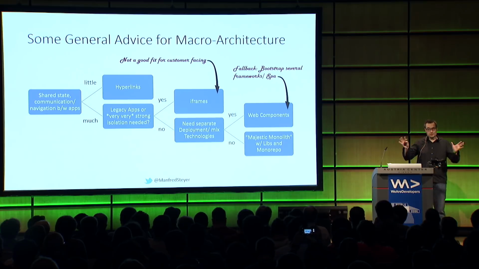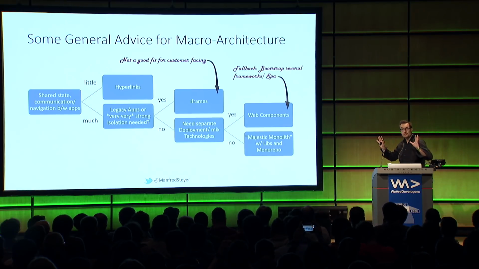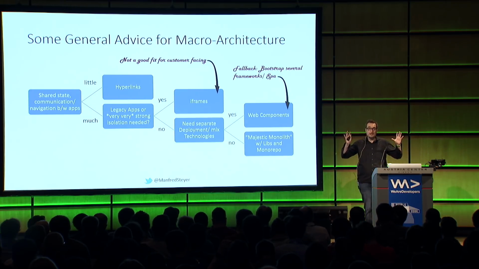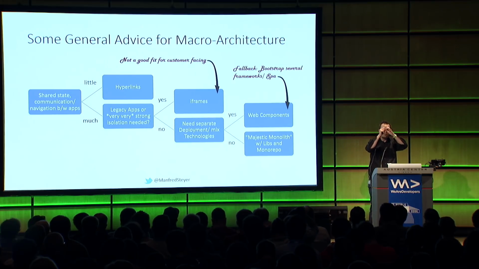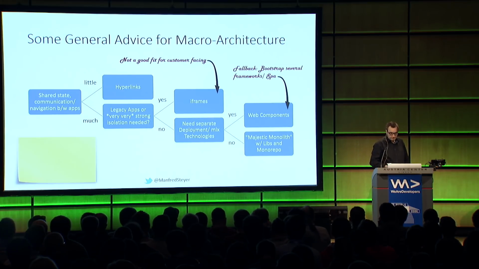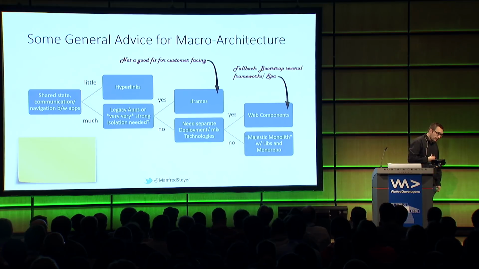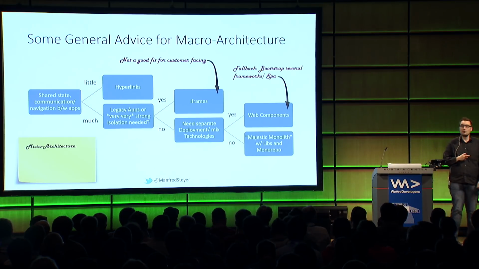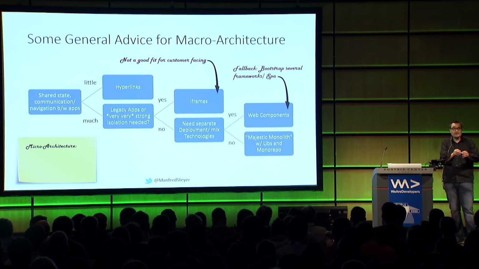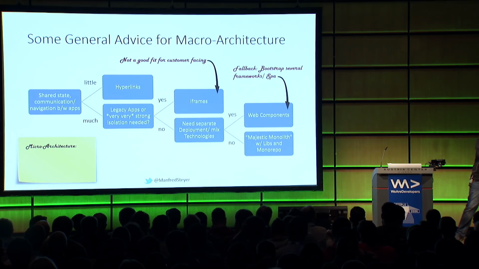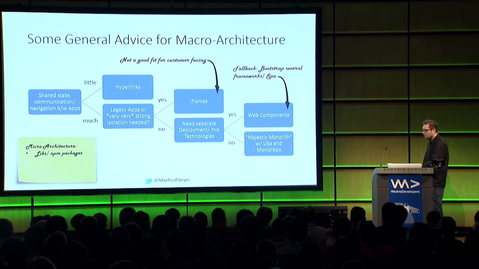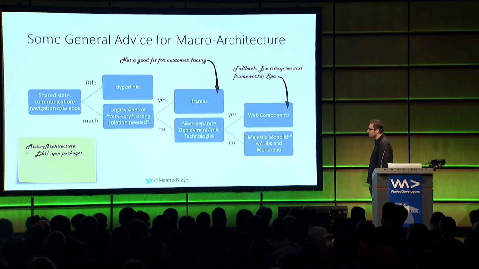So this is my decision tree for the macro architecture of your application, the architecture that holds all your microservices together. You also need some architectural decisions for your microarchitecture. That means the architecture of the specific microservice. And for this, you can use all the things we have discussed here.